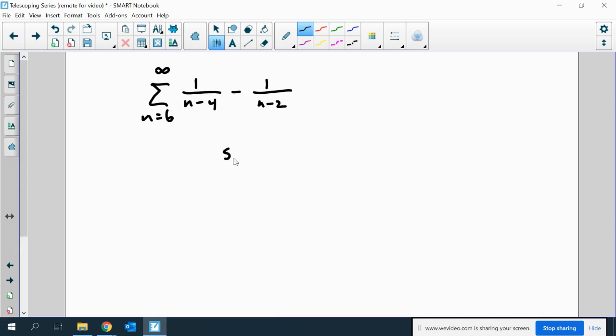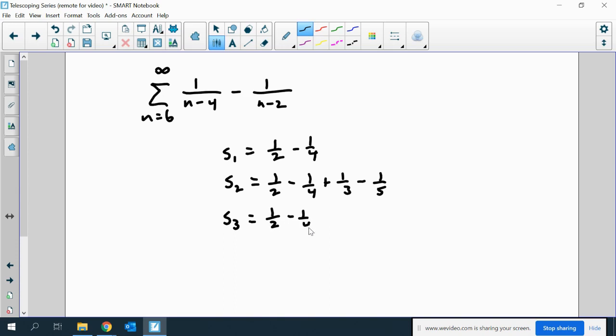So in this case, the first partial sum would be 1/2 minus 1/4. The second partial sum is 1/2 minus 1/4 plus 1/3 minus 1/5. Notice nothing's canceled out yet. So then I have 1/2 minus 1/4 plus 1/3 minus 1/5 plus 1/4 minus 1/6.